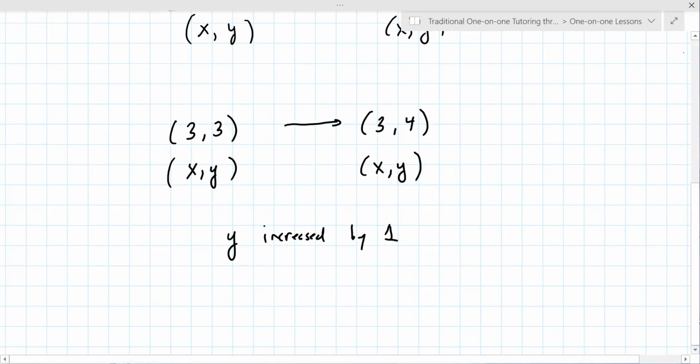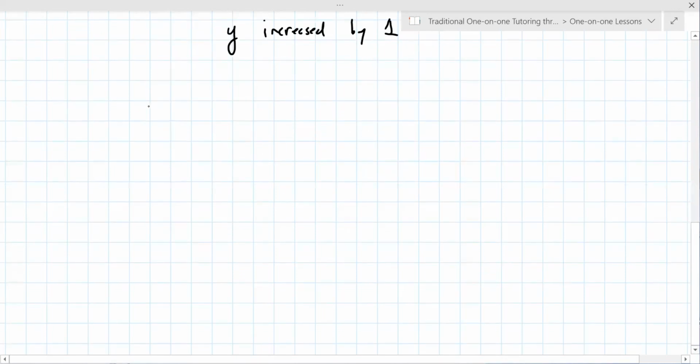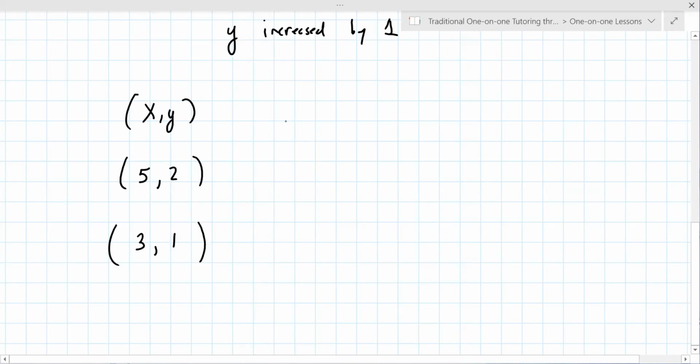Okay. So now let's do a different transformation. I'm going to give you the ordered pairs X, Y, and let's say we start out with the ordered pairs 5, 2 and 3, 1. And this time, we're going to go down 1.